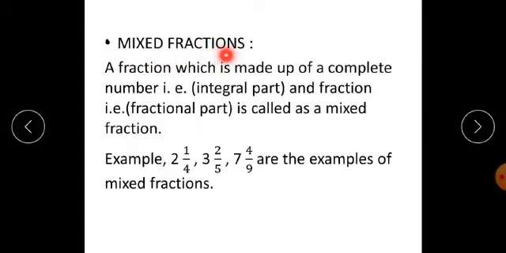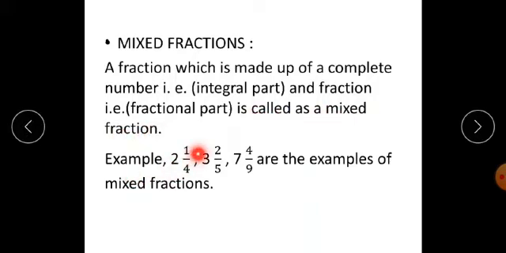Next type, mixed fractions. A fraction which is made up of a complete number, that is a whole number, 1, 2, 3, 4, etc., which we call the integral part in mathematics, and a fraction, that is the fractional part, is called a mixed fraction. Again I repeat, a fraction which is made up of a complete number, the integral part, and a fraction, the fractional part, is called a mixed fraction.